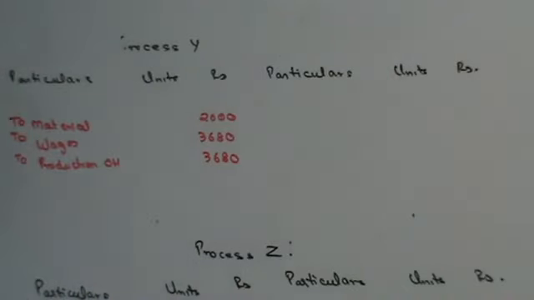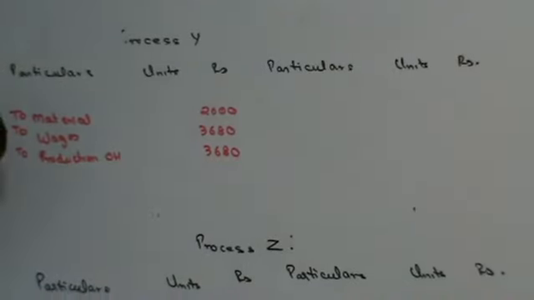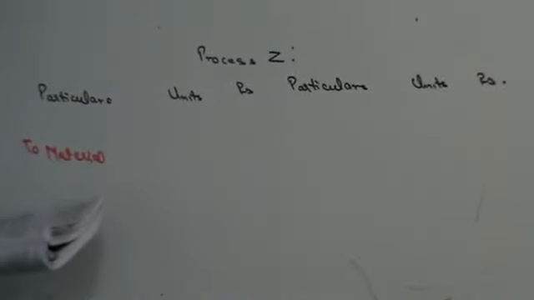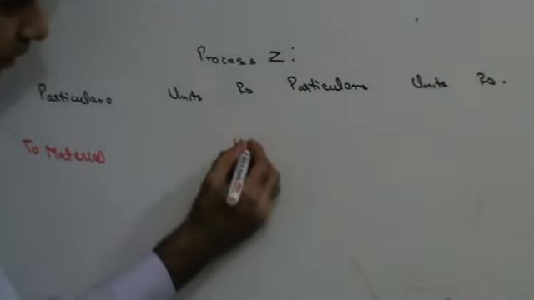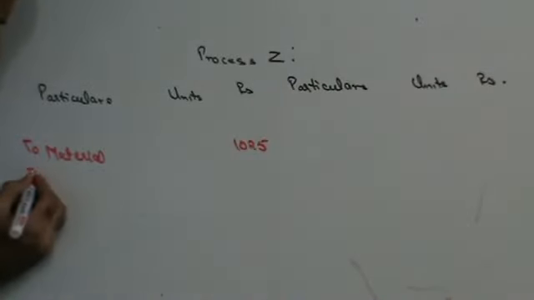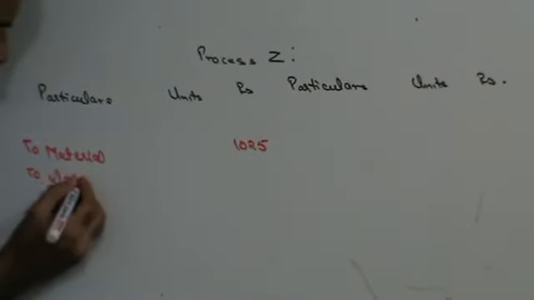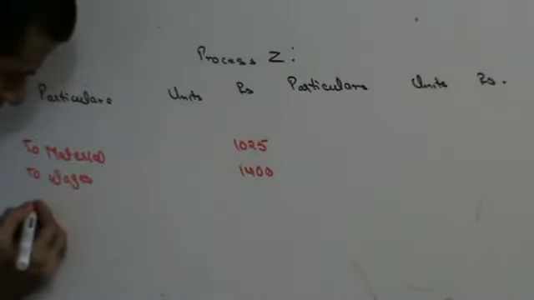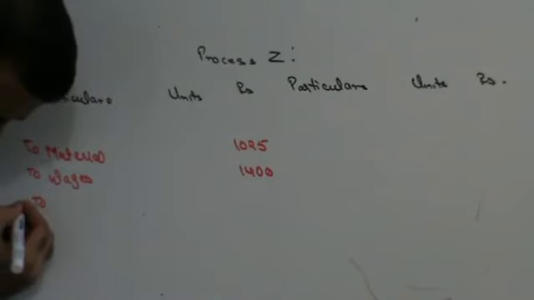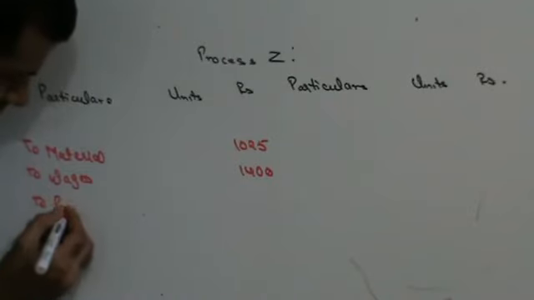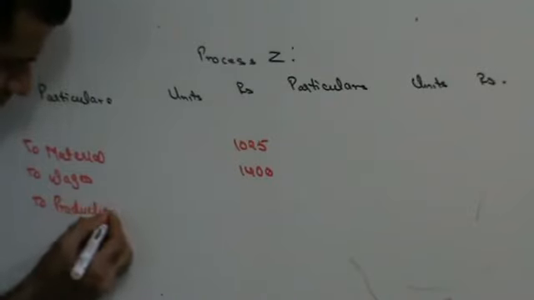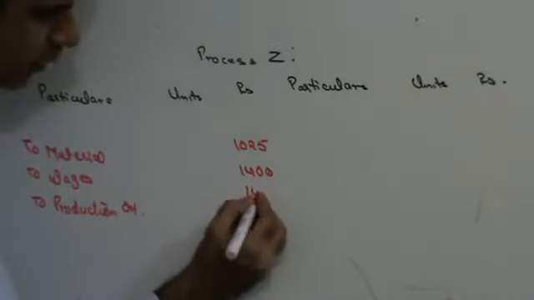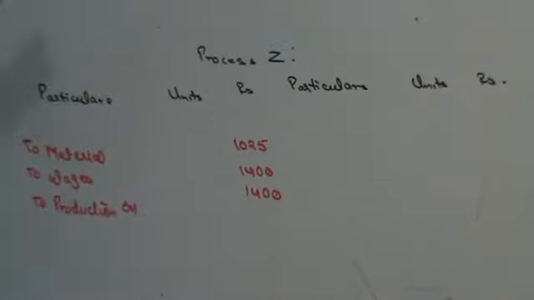Same way I can do for process Z also. To material is given to you as 1025. Then to wages, direct wages is given to you as 1400, and to production overheads is given to you as 1400. Right? Do you get this in here?